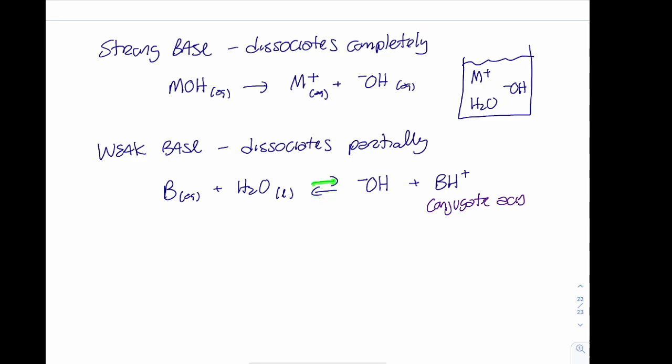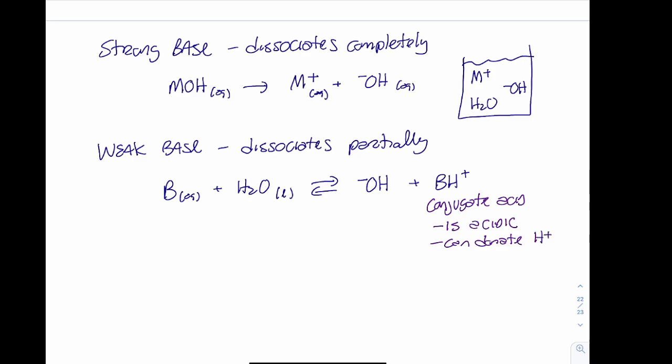So my base B can take a proton from water, and then my conjugate acid BH+ can donate that proton back to hydroxide ions to produce my unprotonated original base and water again. So this is acidic, right? It can donate H+.